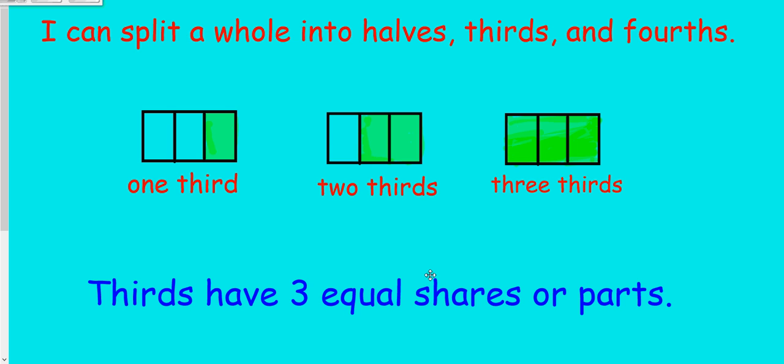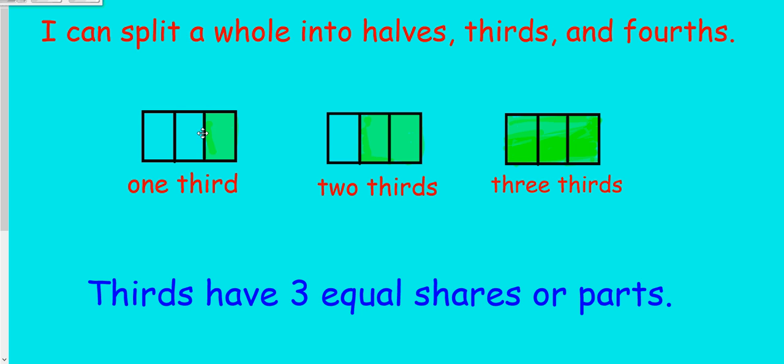Another way we can split a whole is into thirds. Thirds have 3 equal shares or parts. Look at this first rectangle. I shaded in one of the 3 parts.